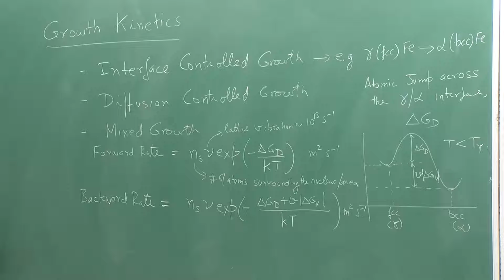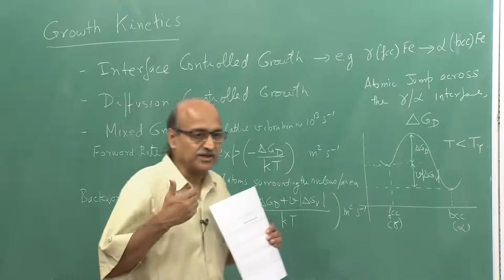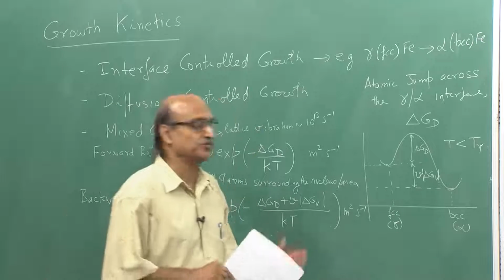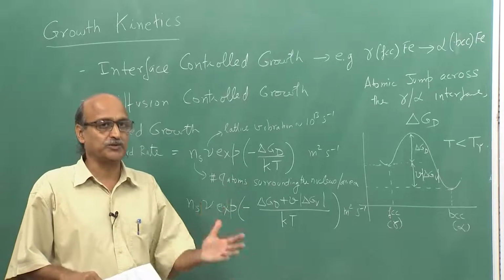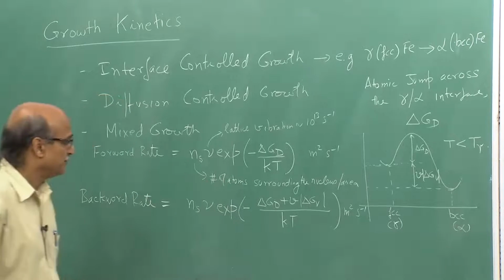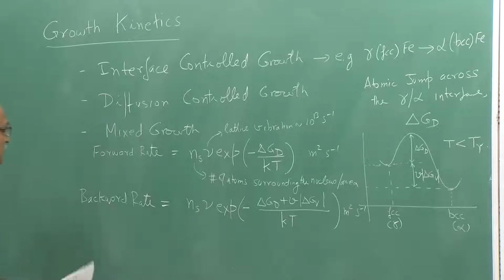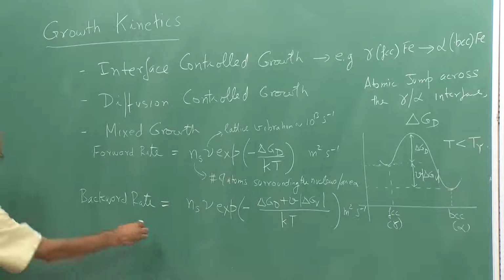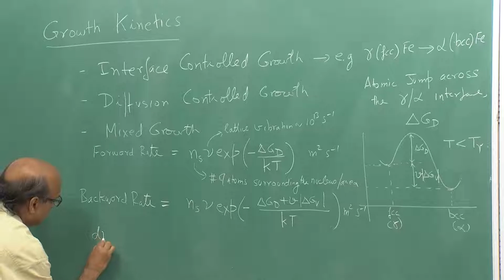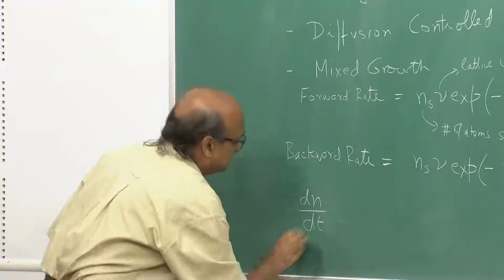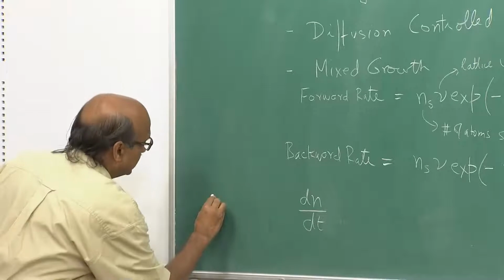Now, I want to know what is the net rate, that is the number of atoms jumping per unit area per unit time in the forward direction, or the net rate of jump. Let me call that dN by dt, the net rate.